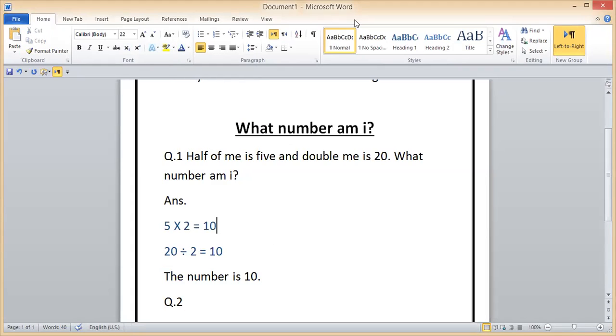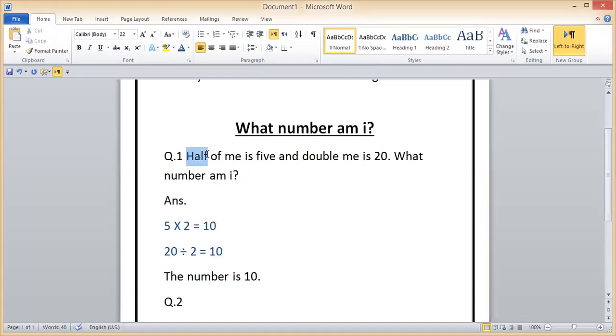Yes, guys, is it clear? Very good. I repeat, guys, half of me is 5. If you want to find the number, then find out the double of 5.